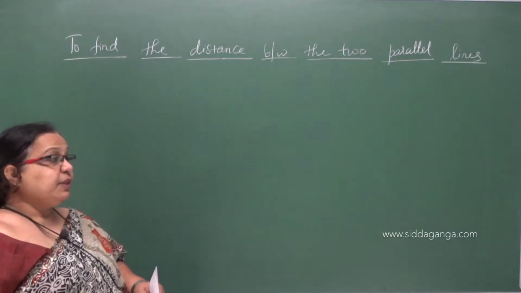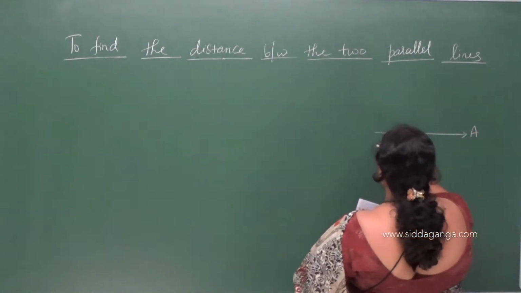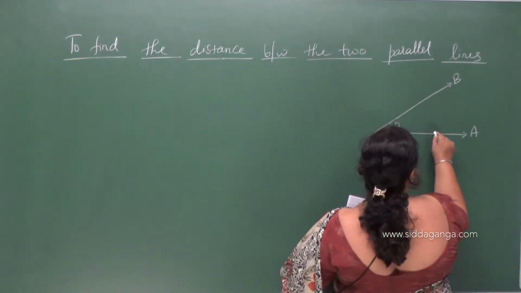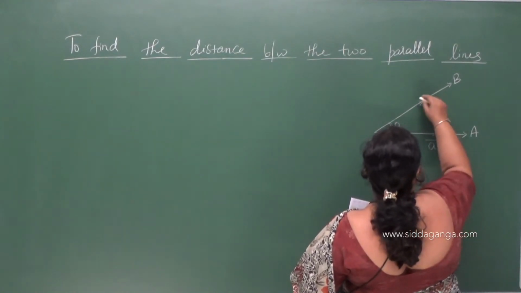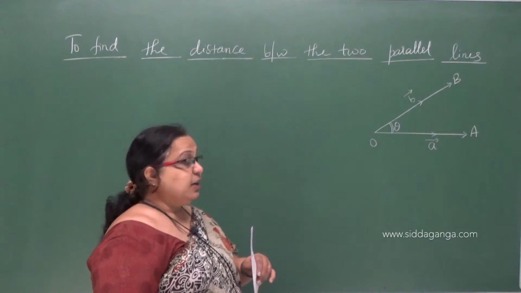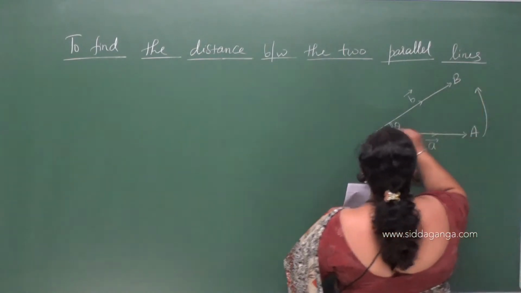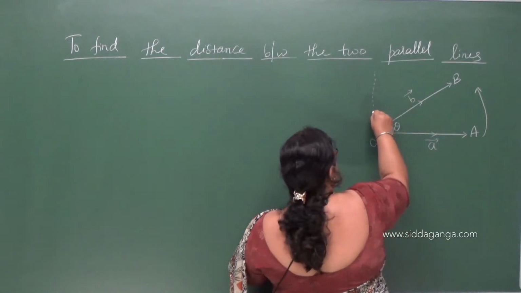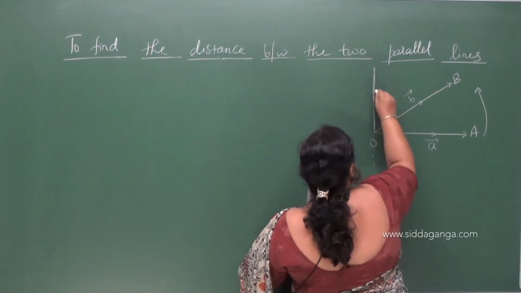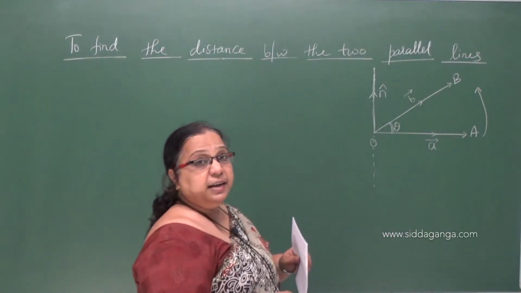If theta is the angle between the two vectors OA and OB, with position vector A for OA and position vector B for OB, if theta is the angle between vector A and vector B, then the unit vector perpendicular to both vector A and vector B is denoted by n cap.